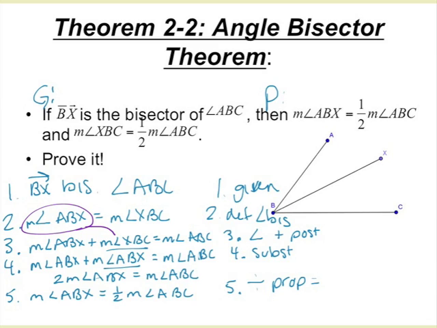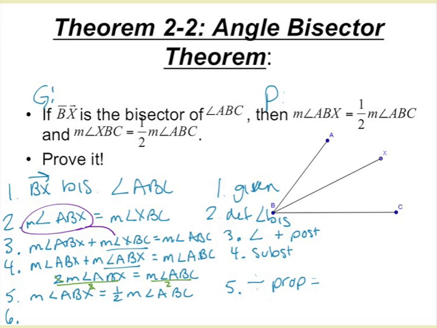So again, moving from step 4 to step 5, what we did was an algebra step of divide both sides by 2, and that gives us a 1/2 over with the ABC. And we were really asked to prove two things here. We were asked to prove that ABX is half of the whole angle, but also that XBC is half of the whole angle.